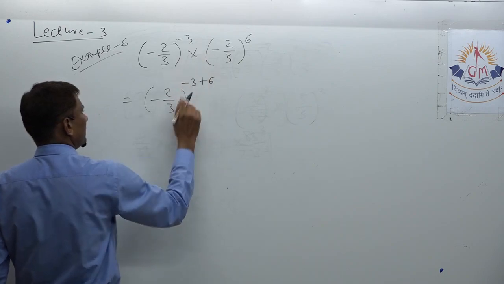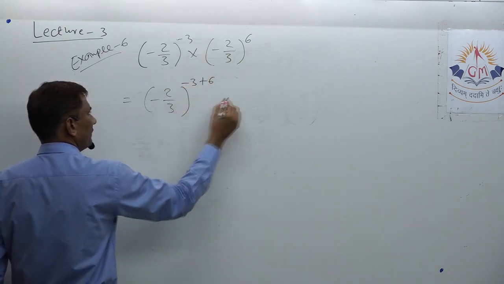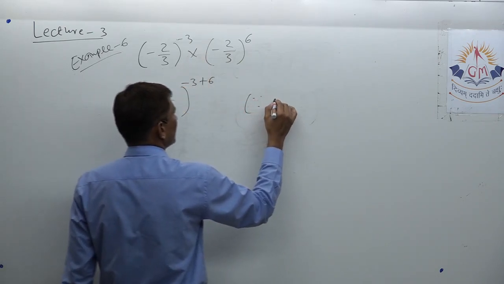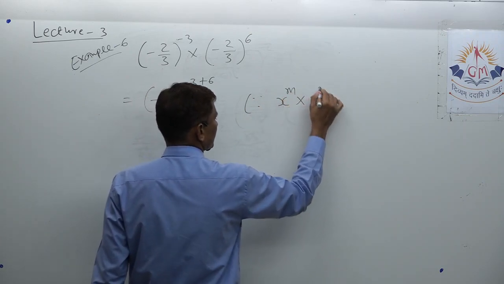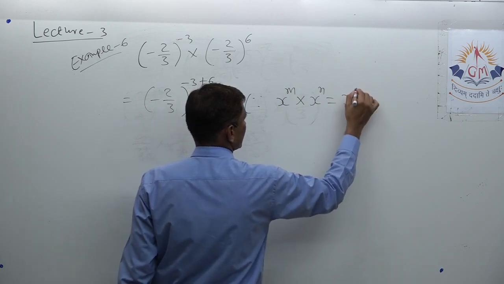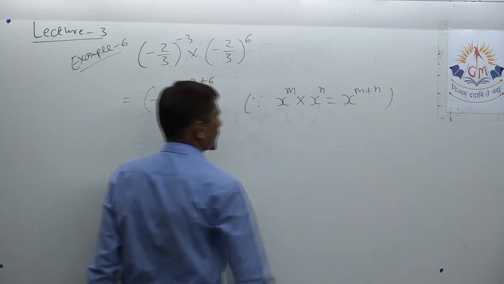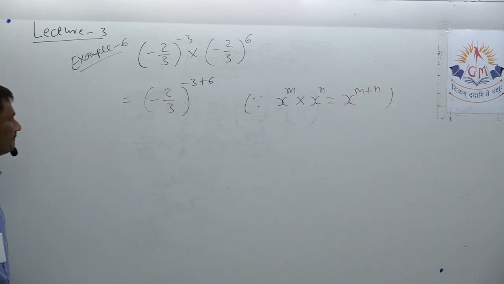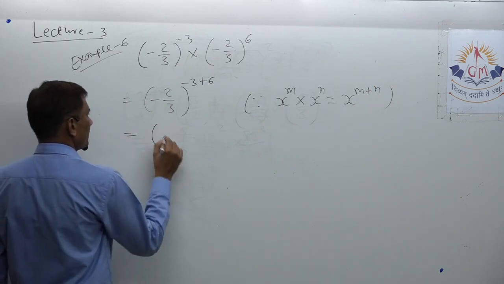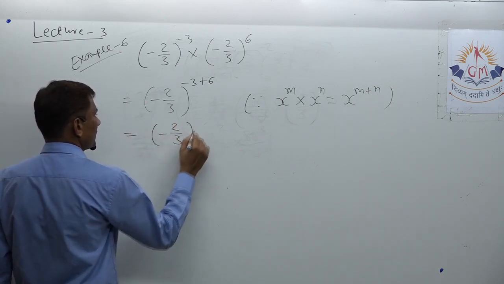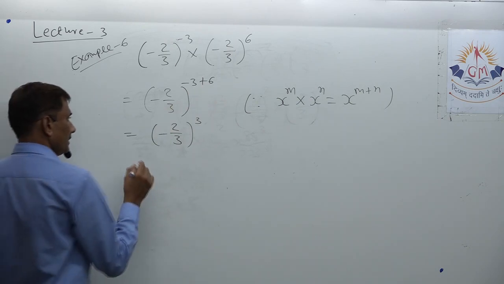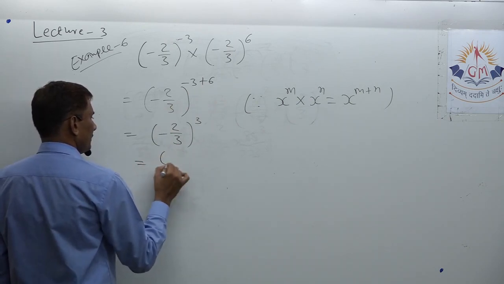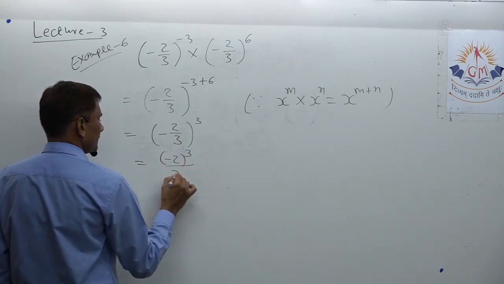So whatever is given, just exponents are added. Why? You just write x raised to m multiplied by x raised to n is equal to x raised to m plus n, means product law. Okay, so it will become minus 2 by 3 raised to 3. Minus 3 plus 6 is 3.